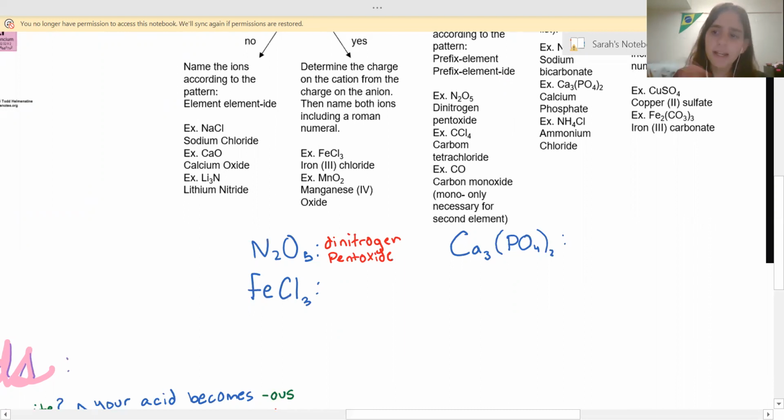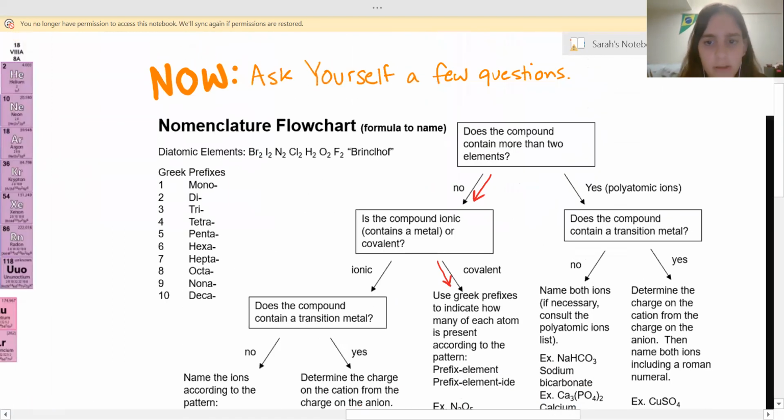FeCl3. Now, like I said before, we don't know the charge of iron. But just based off this formula, we can find the charge, and it is really important to clarify that in the name of this compound. All right, so FeCl3, let's go through this chart.